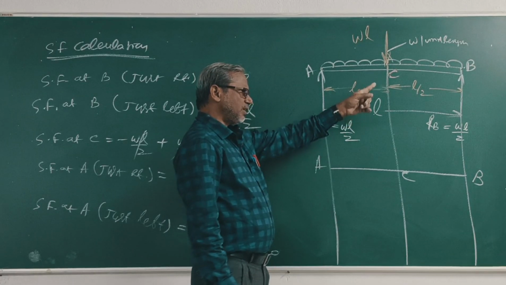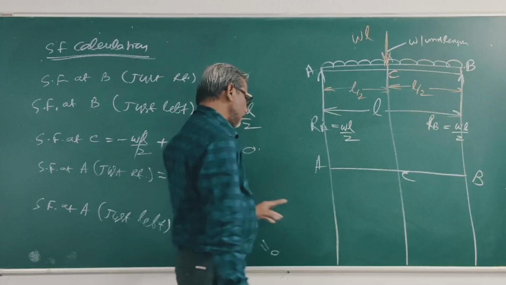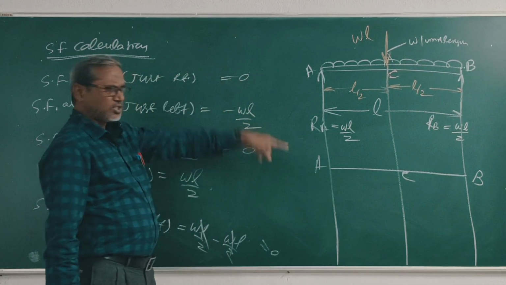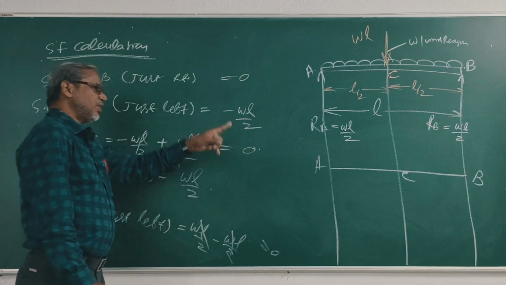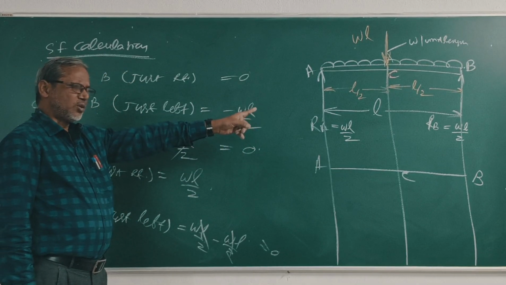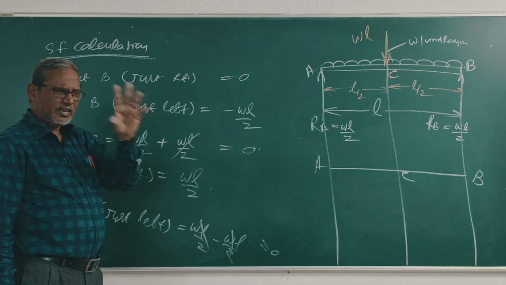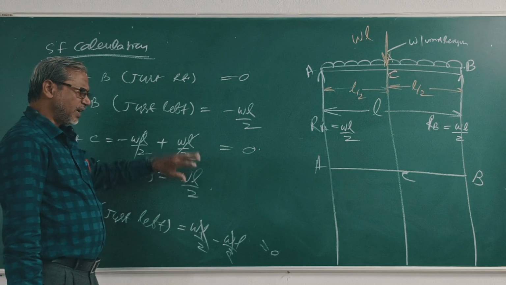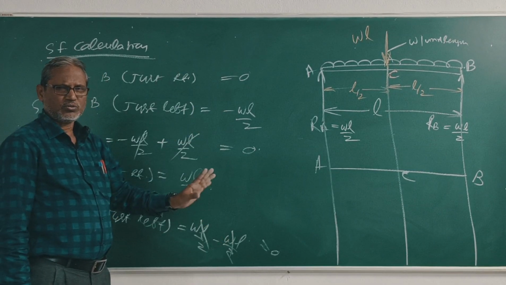From B to C, the load is wL by 2, so shear force at C is minus wL by 2 plus wL by 2, which is 0. At A right, from C to A, the load is wL by 2. A right is wL by 2, and A left is wL by 2 minus wL by 2, which is 0.